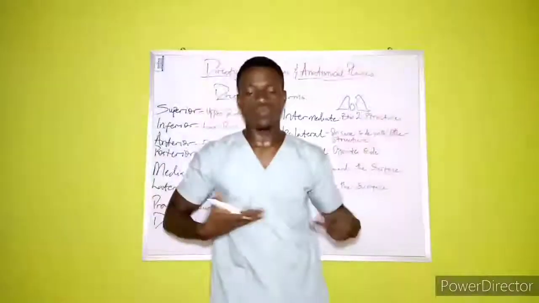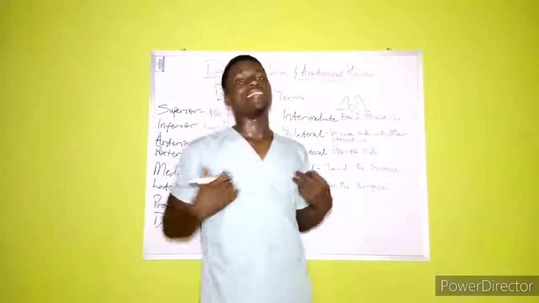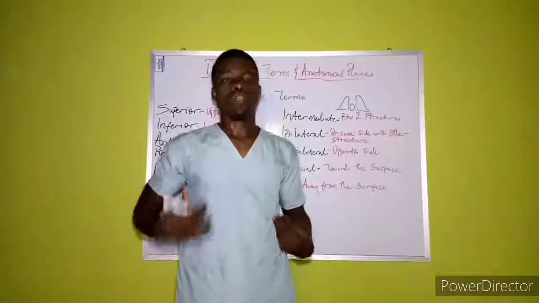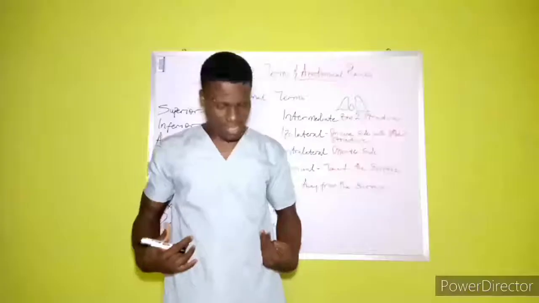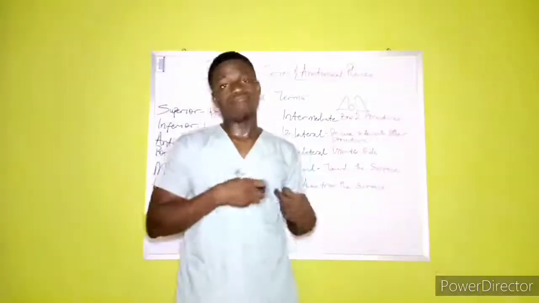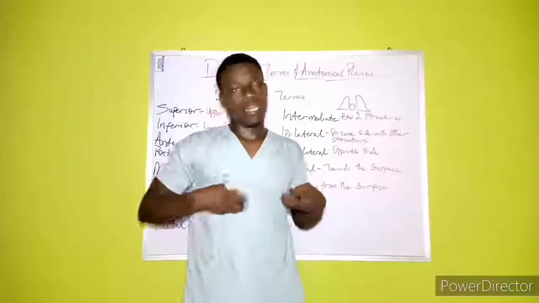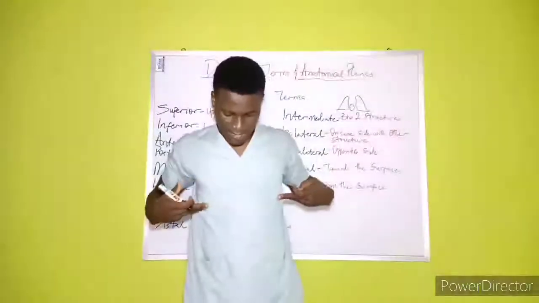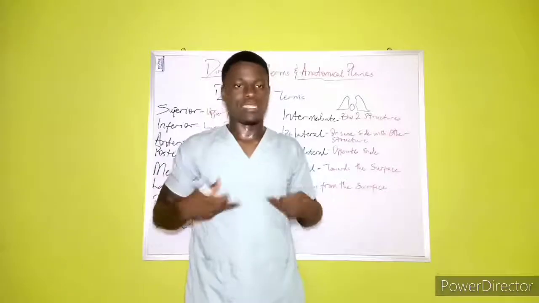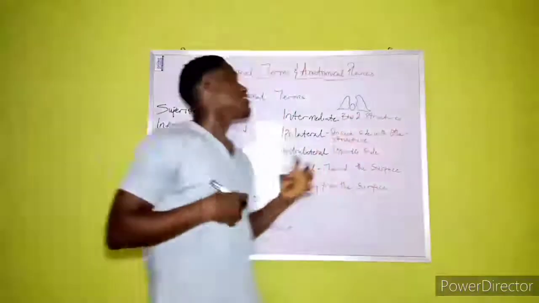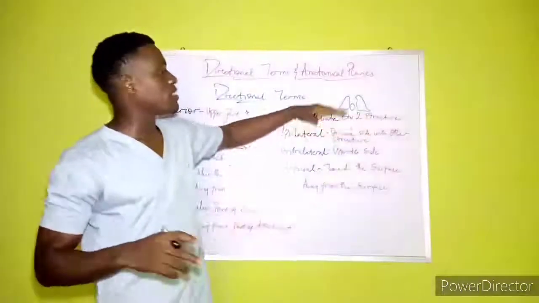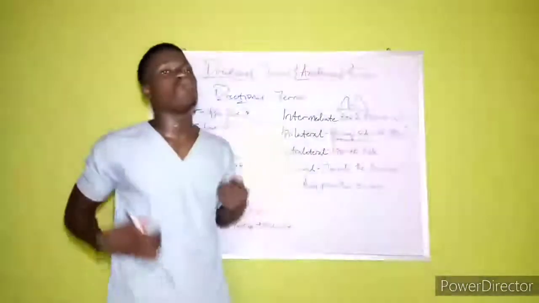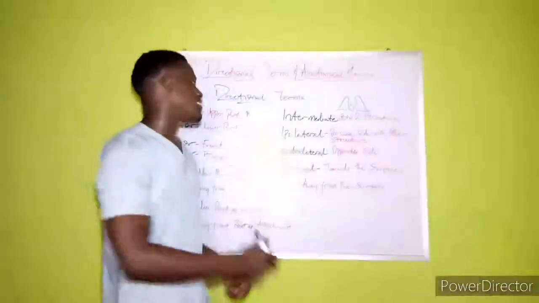The transverse colon, which lies horizontally, is intermediate to the descending and ascending colon, which lie laterally. The transverse colon is medial to them. It's on the medial plane that lies horizontally. The position of the transverse colon is intermediate to the two colons, the descending and ascending colon.